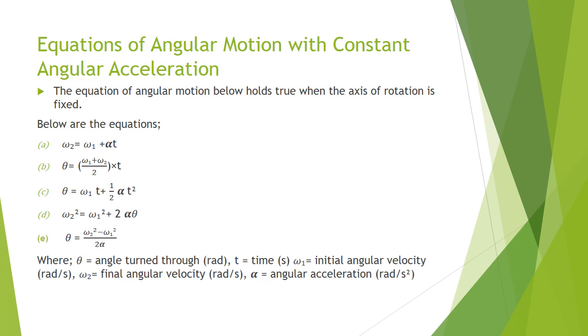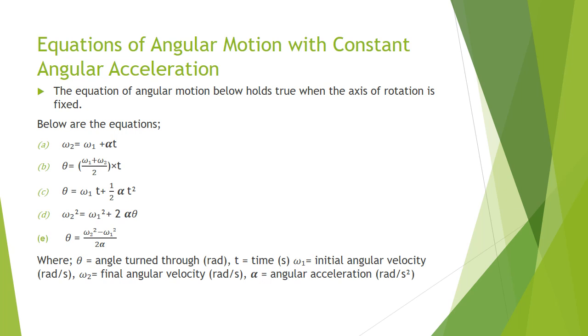C: theta is equal to omega 1 times t plus half times alpha times t squared. D: omega 2 squared is equal to omega 1 squared plus 2 times alpha theta.